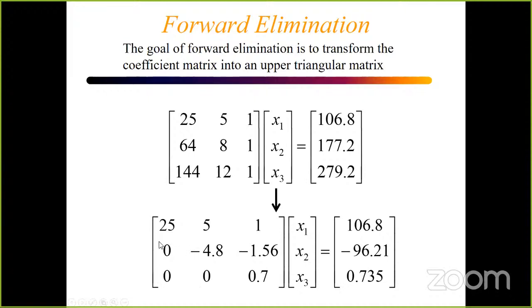Because of these zeros, the last equation contains only x3, and the coefficients of x2 and x1 are 0. In the first equation, the coefficients of x1, x2, x3 are all there. You are converting the elements below the principal diagonal into 0 by some technique.